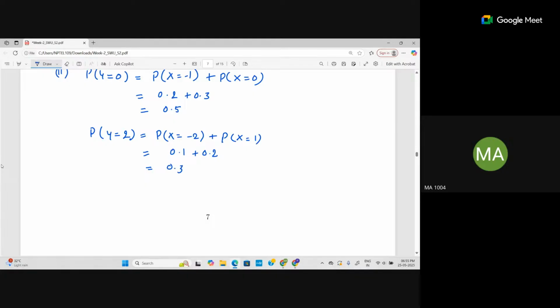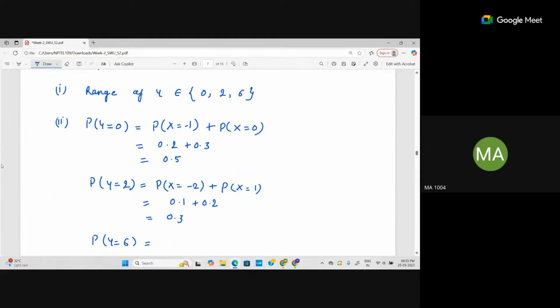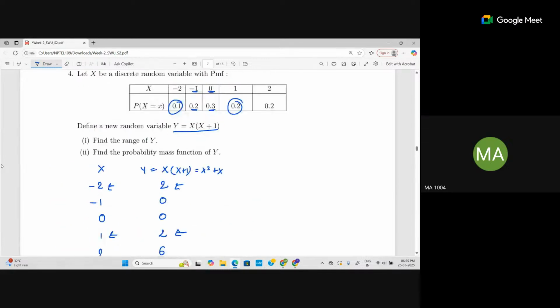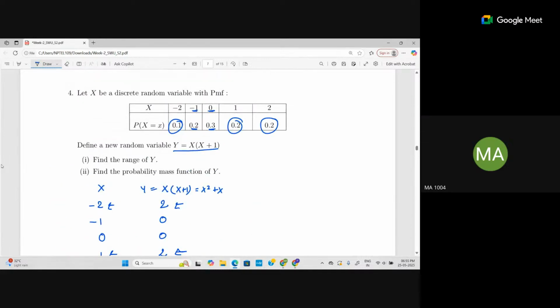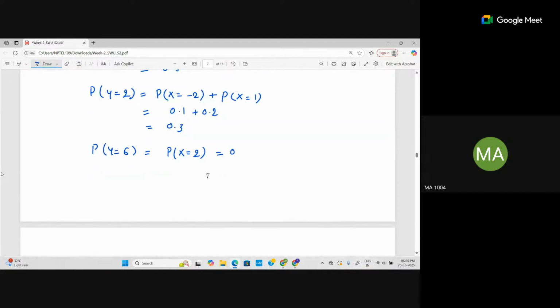Okay, now next and last is when y is equal to 6. So only one case is there when y is 6, when x is equal to 2. So probability x equal to 2 is 0.2.